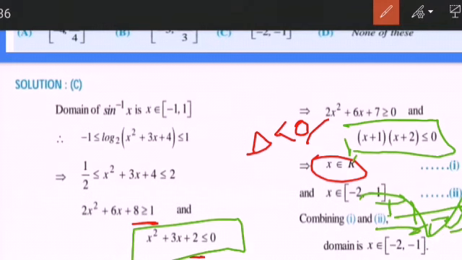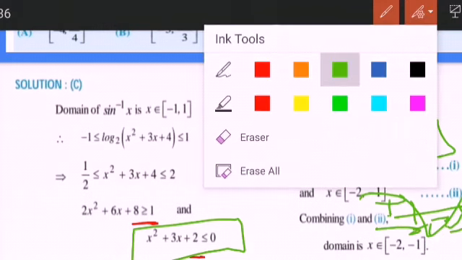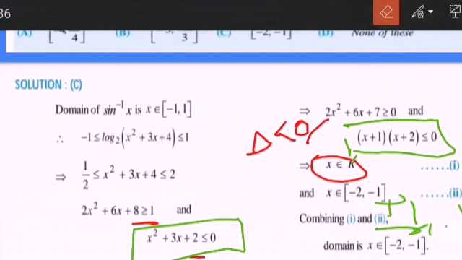On transforming, g of x lies between minus 1 minus x and 1 minus x. To solve these inequalities better, one suggestion is that you draw the two lines y equal to minus 1 minus x and y equal to 1 minus x using y equal to mx plus c, and also draw the graph of g of x. Wherever it intersects the curves, the intersecting point will be the solution.